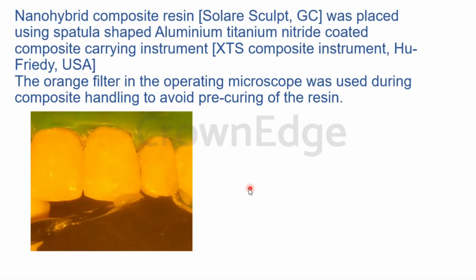VIBGYOR, you know that, right? So you're going to the orange red spectrum from the VIBGYOR, that is the violets, that is our blue light. You're going to the opposite side of the spectrum in the visible light spectrum in order to avoid the pre-curing of our composite resin. So we have an orange filter which has been placed in order to prevent any pre-curing of the composite.